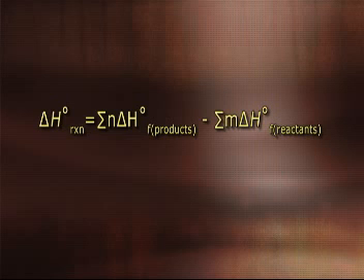Let us continue our lesson by learning how we can use standard enthalpies of formation to figure out the standard enthalpy changes of chemical reactions. We can add the enthalpies of formation of all reaction products, taking care to multiply each molar enthalpy of formation by the coefficient of that substance in a balanced equation.